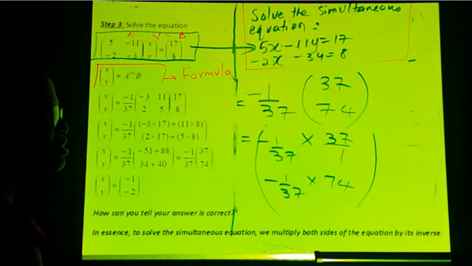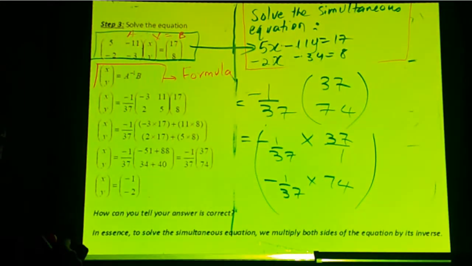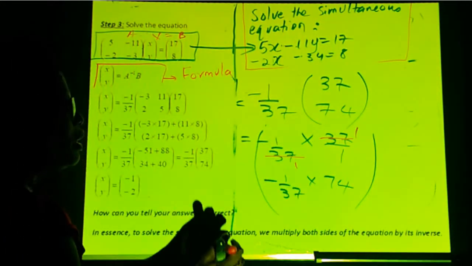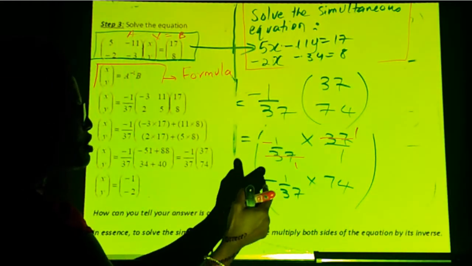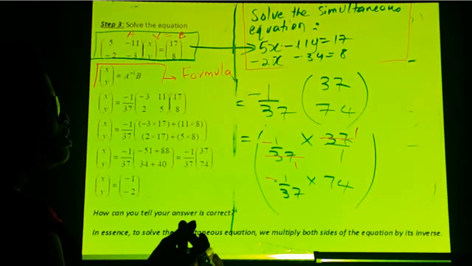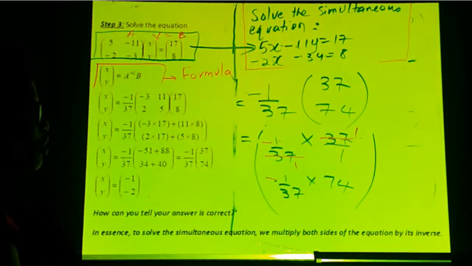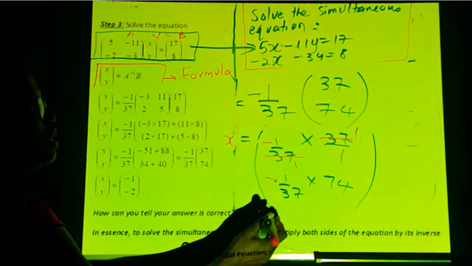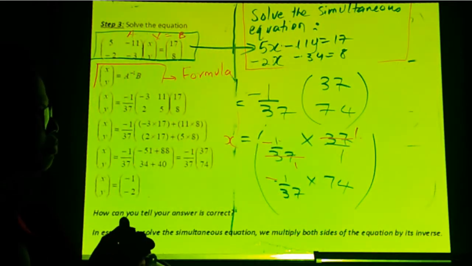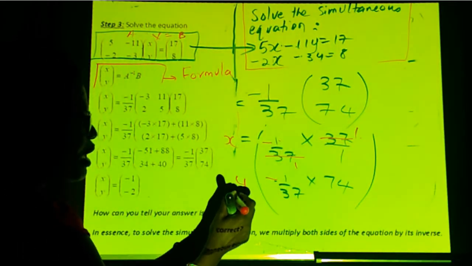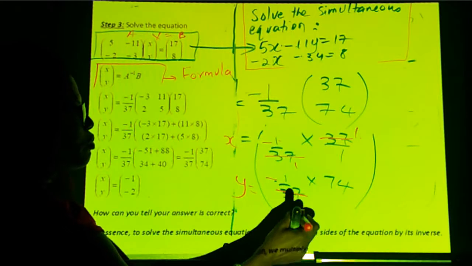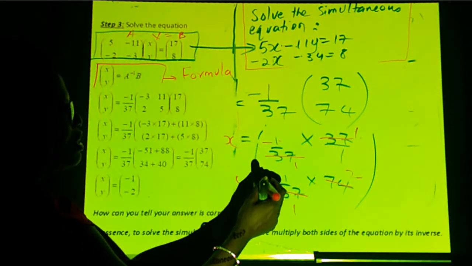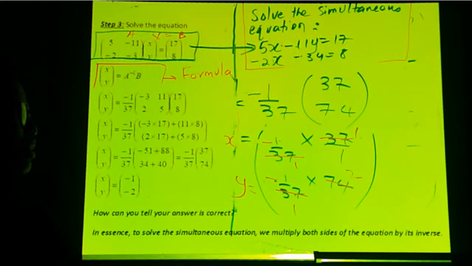And we can cancel. 37 into 37 goes one time. And this is a negative 1 over 37, so don't forget that. So your first value, which is the x value, is negative 1. The second value, 37 into 74, goes 2 times. 2 times negative 1 is negative 2.